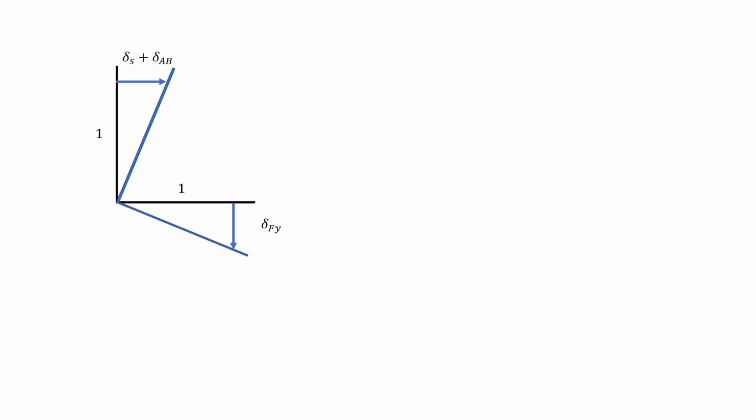So again, the movement of point B here to the new position is equal to the sum of the shear deformation of the rubber pads and the elongation of AB. Whereas the movement of point D to its new position is equal to the deformation or the compression of bar F along the y-axis because of the force along F.